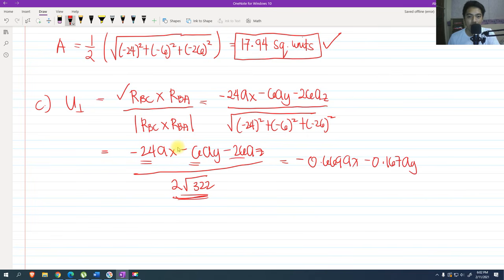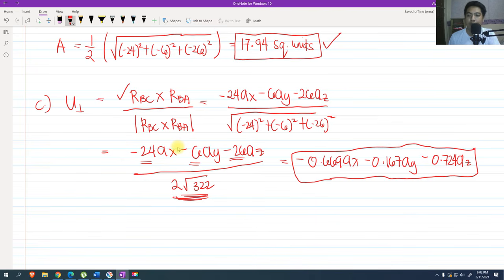And lastly, we divide negative 26 by 2 square root of 322. So that must be negative 0.724 A_z. So that's the unit vector that is perpendicular to the triangle.